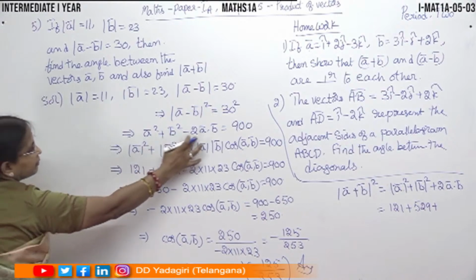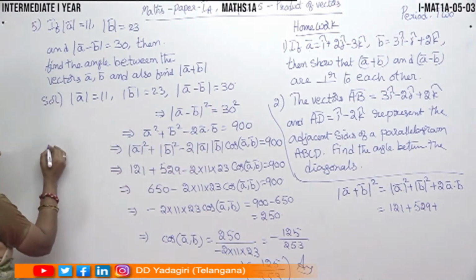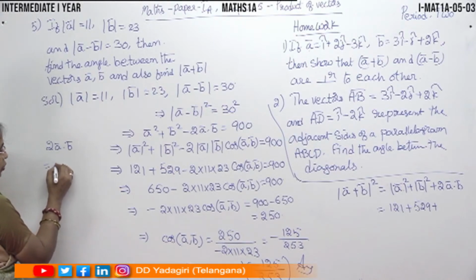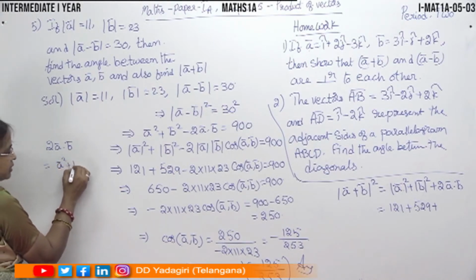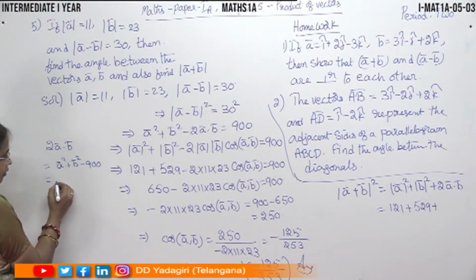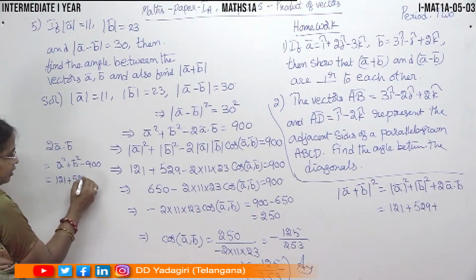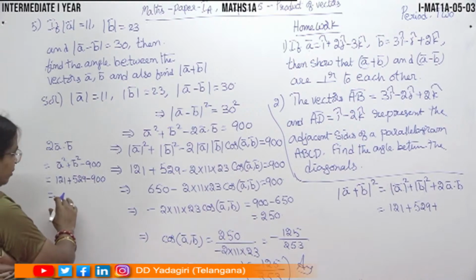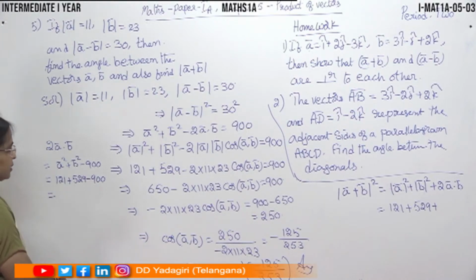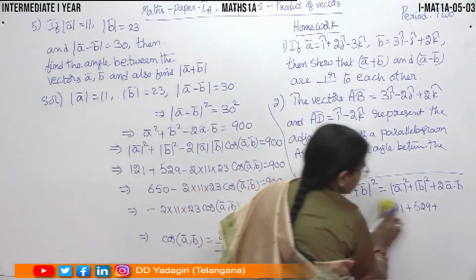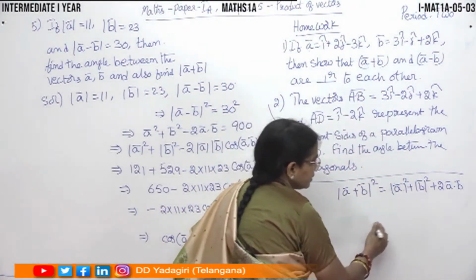From this you can find out 2A dot B as equal to A square plus B square minus 900. That is 121 plus 529 minus 900. So use this formula and then you can simplify.